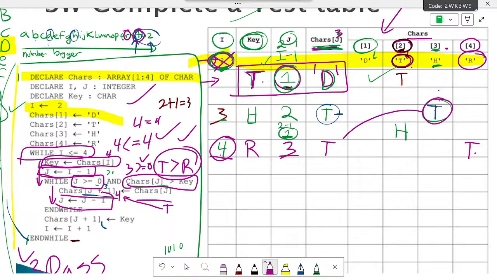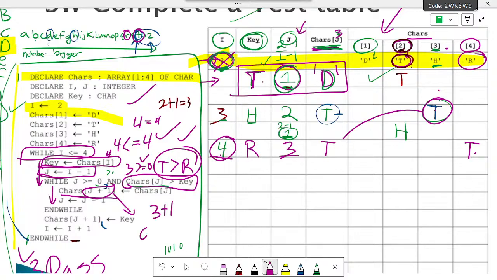Chet, do you understand why there's a T here? No? Okay. I'm going to delete here. Can you see the code right here, Chet? This is J plus 1. Right now, what is J? J is equal to 3. What is 3 plus 1? 4.